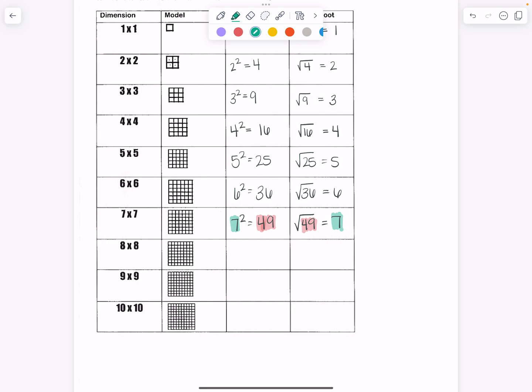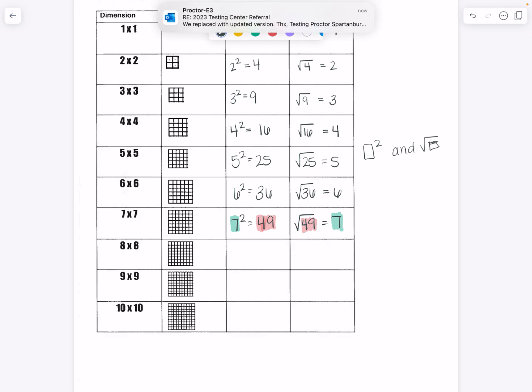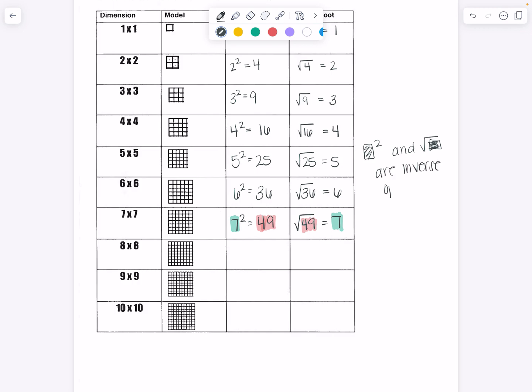These are what we call inverse operations. So squared and square root are inverses, meaning that they undo each other.